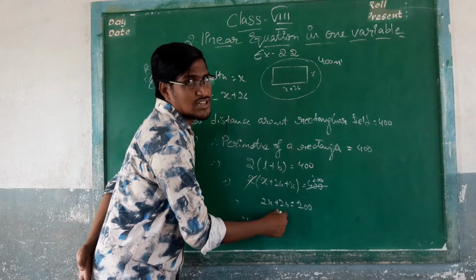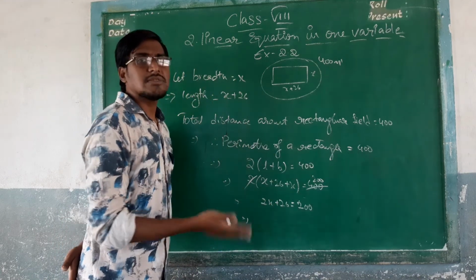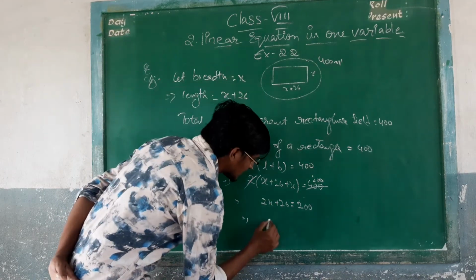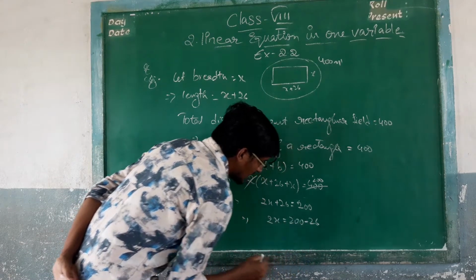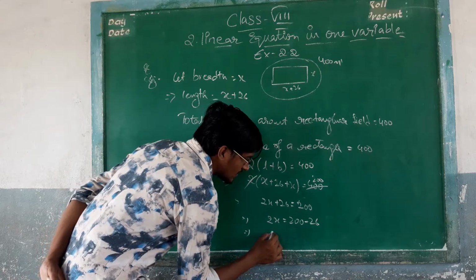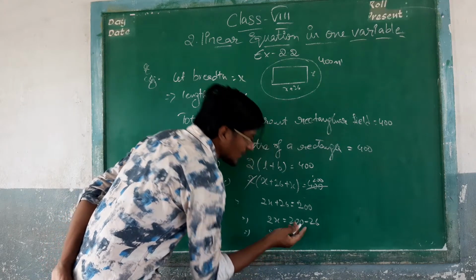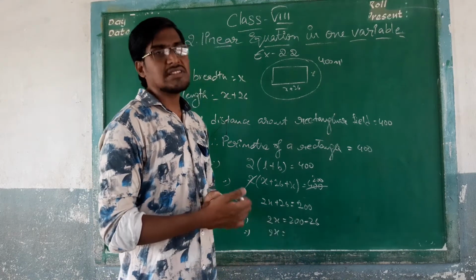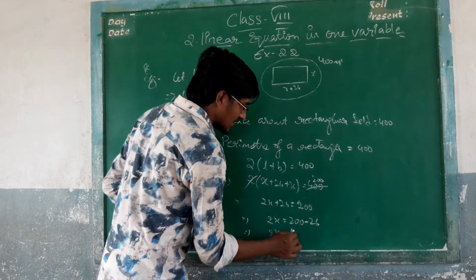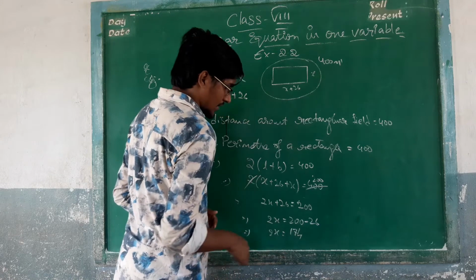Move this plus 26 to the right hand side, it will become minus 26. That implies 2x equal to 200 minus 26. What is the value of 200 minus 26? That is 174.